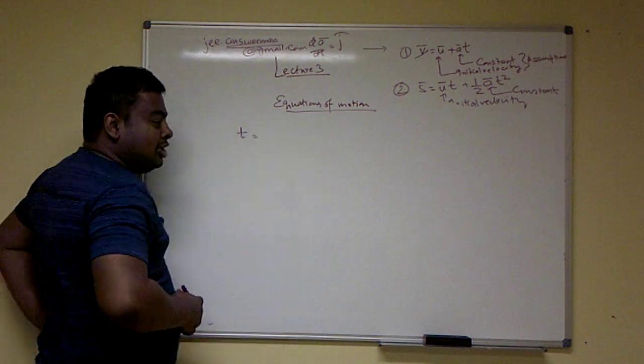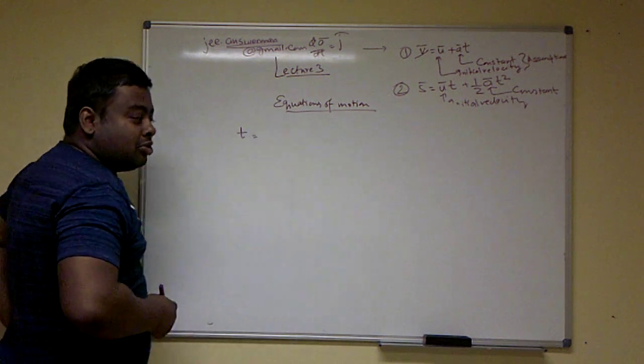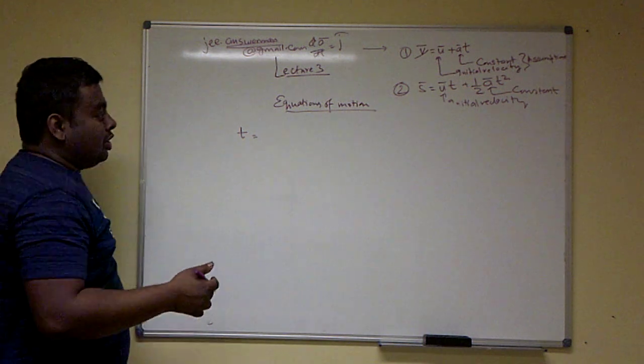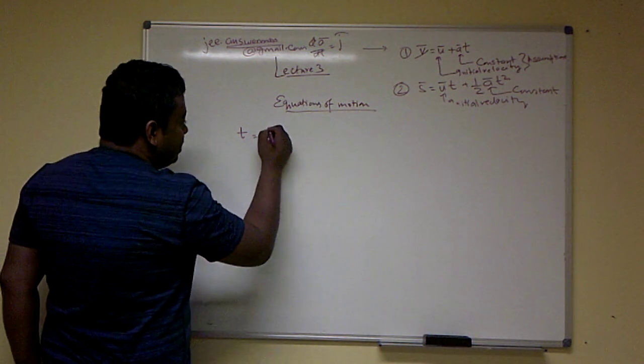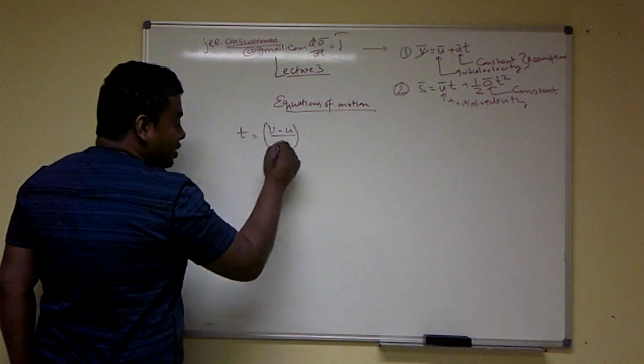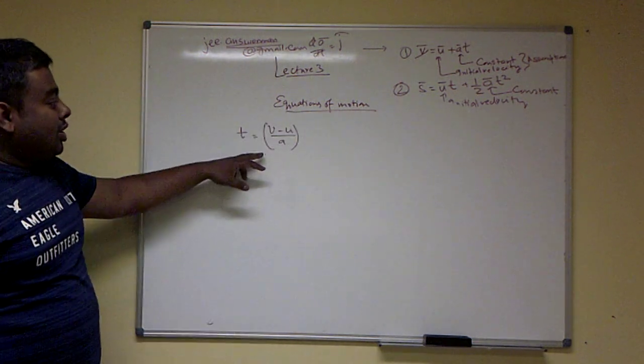So I'm going to ease it and make sure that we have taken into account all the directionality, and with directions taken into account, I'm going to write this equation in its scalar format as (v minus u) by a.